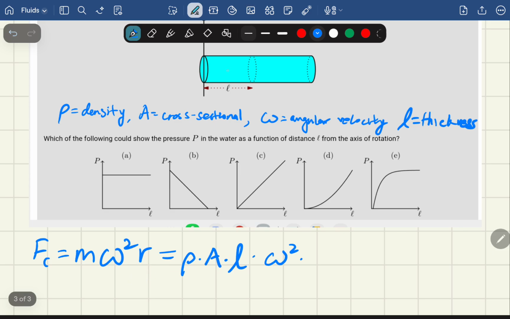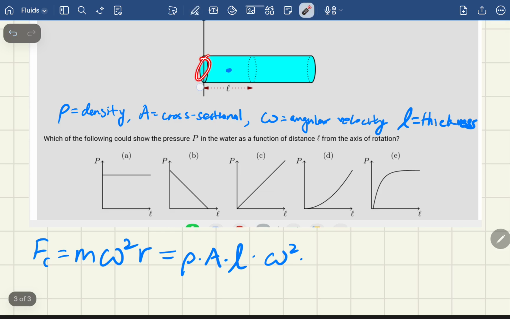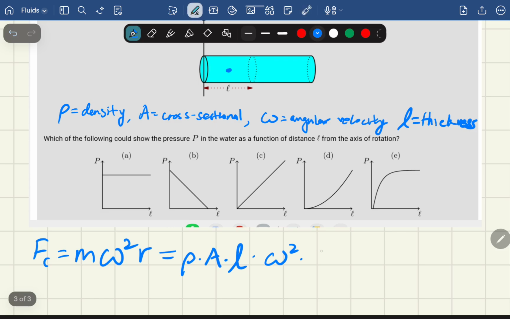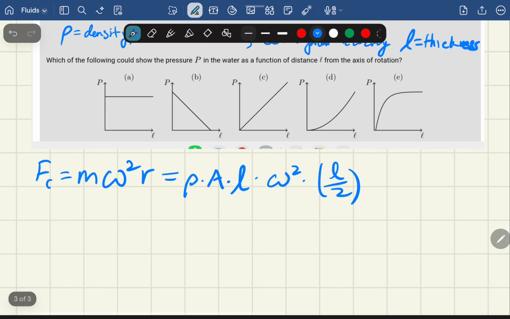It's going to act on the center of mass of that chunk, so it's going to be at L over 2. Okay, so that's the centripetal force.